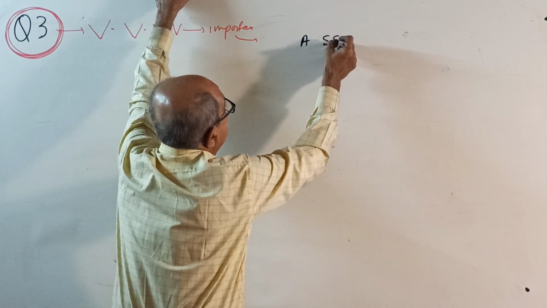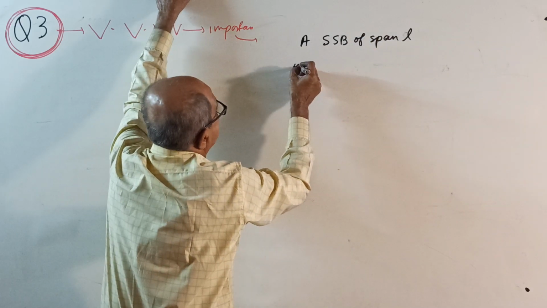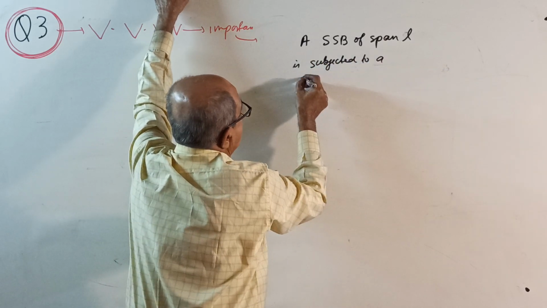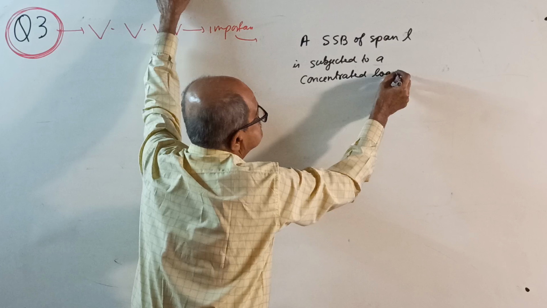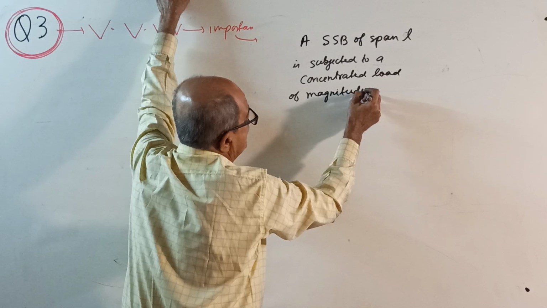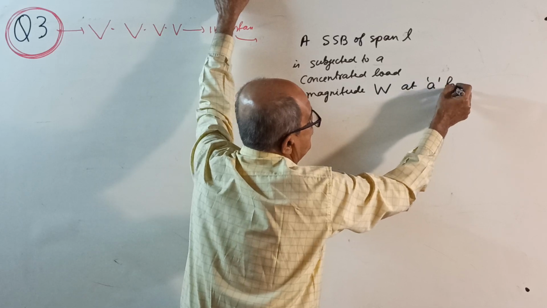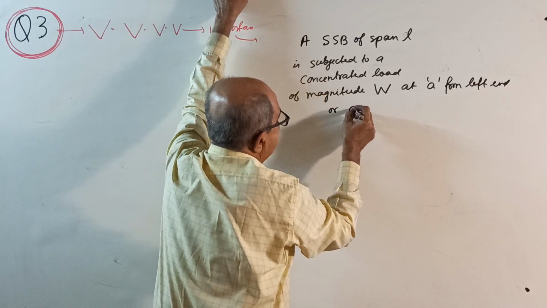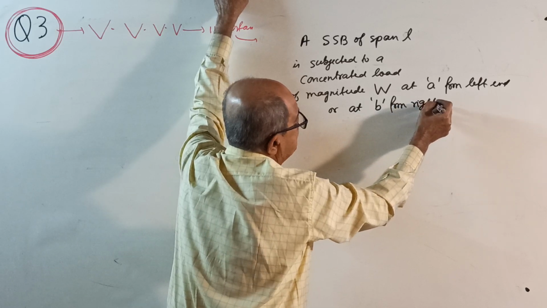A simply supported beam of span L is subjected to a concentrated load of magnitude W at A from left end or at B from right end, so that A plus B equal to L. Right.